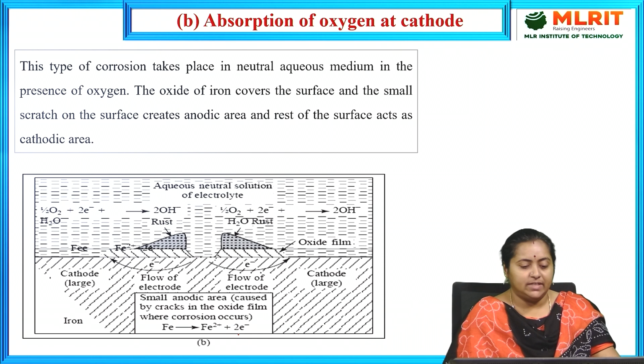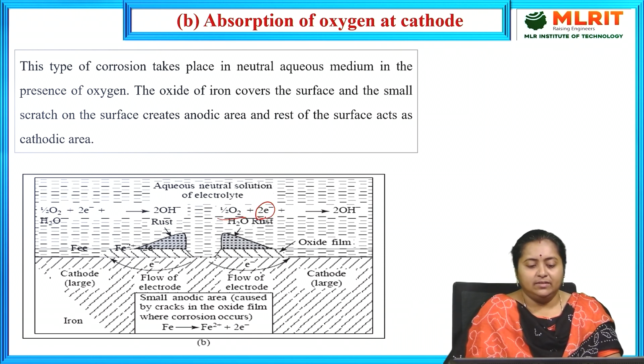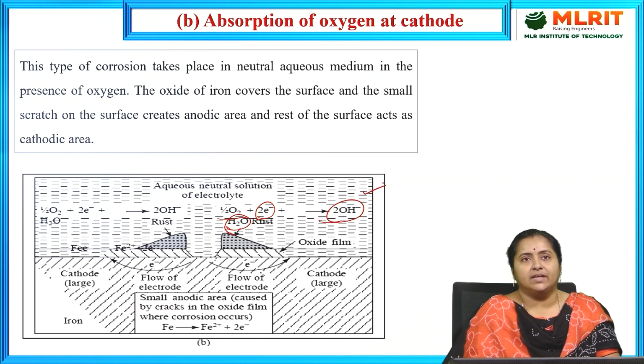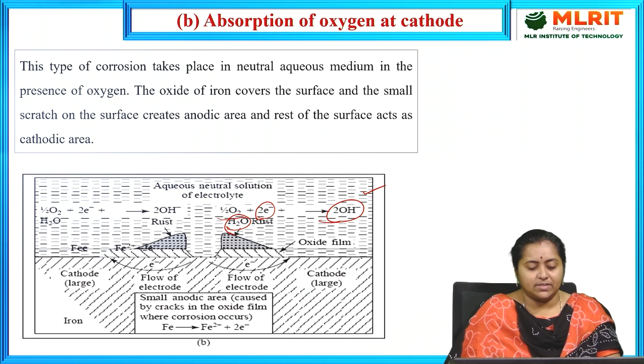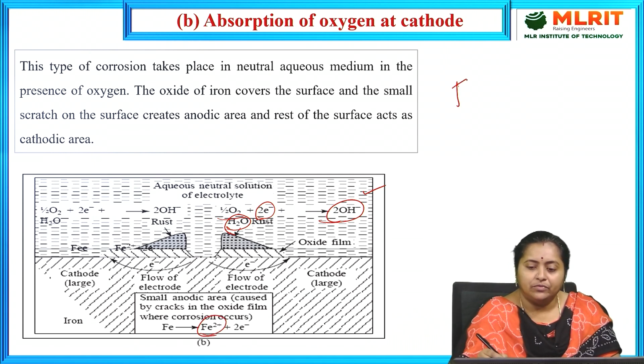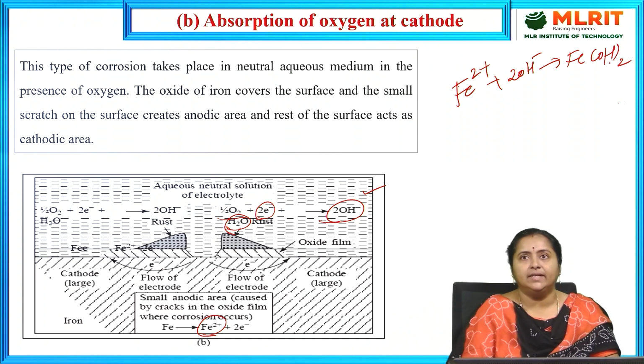If you notice the reaction, oxygen, by involving in reduction with the help of water molecules, is able to release OH minus ions, hydroxyl ions, into the crack or pore. These hydroxyl ions will combine with ferrous ions, thereby converting into ferrous hydroxide: Fe2+ combining with 2OH minus is able to produce ferrous hydroxide. Ferrous hydroxide will be the result.